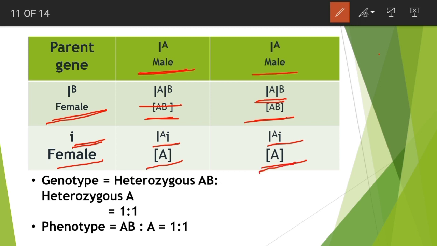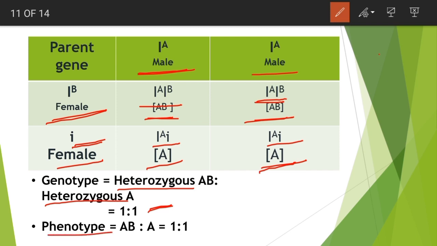So in the genotypic ratio, there will be a ratio between heterozygous AB and heterozygous A, and the ratio will be 1:1, as there are two AB blood groups and two A blood groups, which shows that the baby has a 50-50 chance of having a heterozygous AB and a heterozygous A blood group.